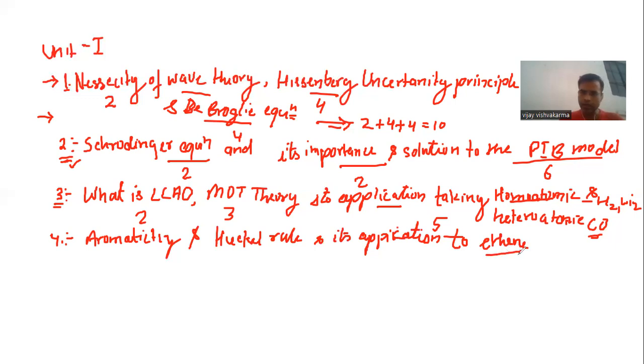Just see here, I am not writing butadiene because the molecular orbital diagram of butadiene will take too much time. As per the exam perspective, this will be the 2, this will be the 3, and this will be the 5 weightage. If they give ethylene, that will be simpler for the students. But in that case, aromaticity, Huckel rule, and the molecular orbital pictures of butadiene would be a complicated question. So I take ethylene here. If you want to prepare, you can also prepare for the butadiene system.